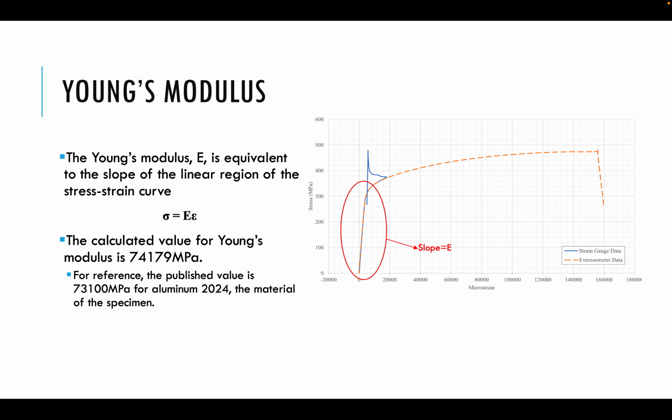The final calculated value for Young's modulus is 74,179 megapascal, which is very close to the published value of 73,100 megapascal for aluminum 2024. This indicates that our testing was accurate and the specimen behaved as expected under the applied stress.